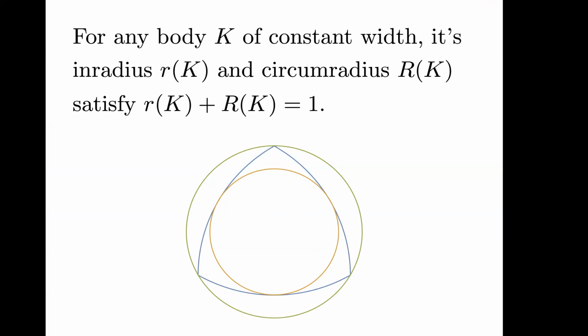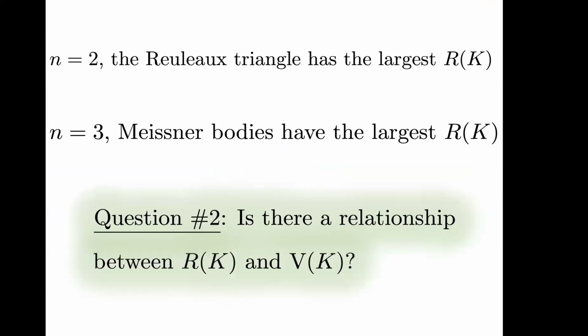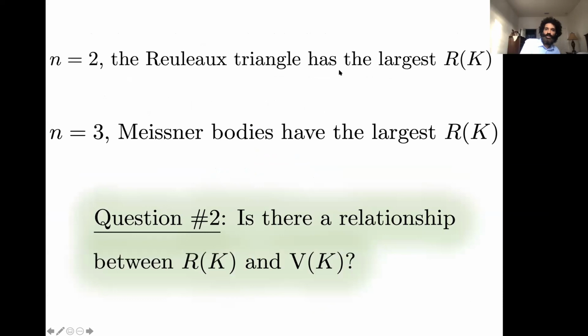It is known that in 2D, the Reuleaux triangle, say, has the largest circumradius or the smallest inner radius. The only thing we know about the Meissner bodies, in my mind, that's kind of distinguishing, is that they also have the largest circumradius or the smallest inner radius. And in fact, any body of constant width that includes, just by set inclusion, the regular simplex will have this property. And the Meissner bodies are 2 such bodies, say, in R3.